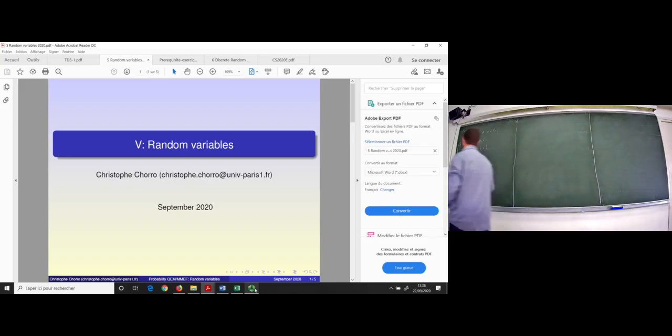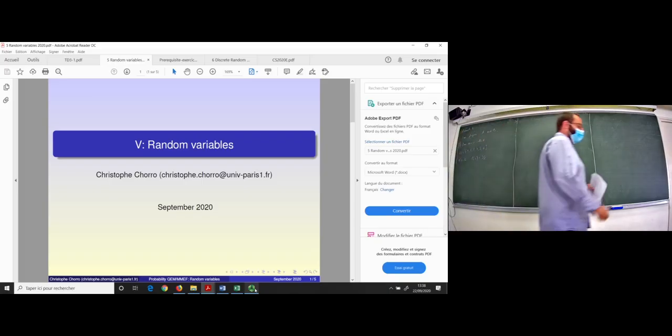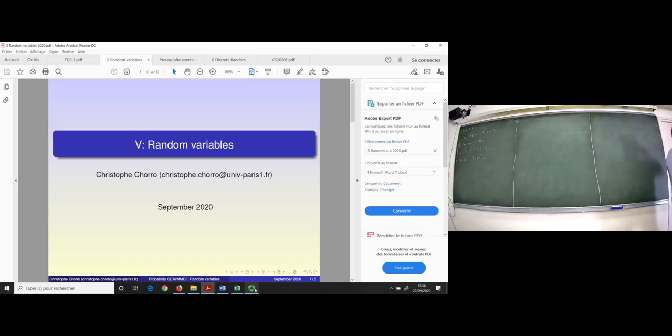So here, for all i belonging to omega, P of i is equal to 1 over 6. Basic situation where I have a fair dice. So I roll a dice, a classical one that I suppose to be fair.